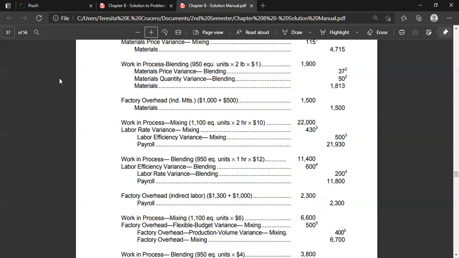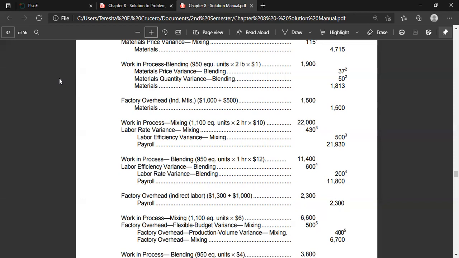Next we have work in process in the blending, we use the equivalent production 950 units times 1 hour times 12. Then the labor efficiency variance in the blending equal to 600, computed down. Then credit to labor rate variance blending and credit to payroll.